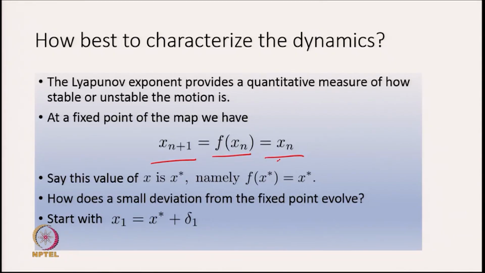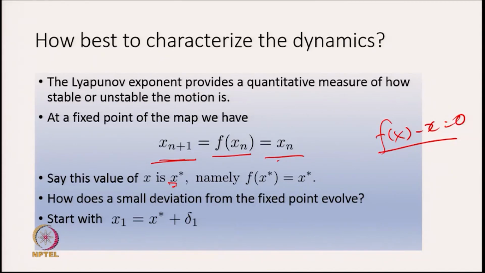So, x n gives you x n plus 1, this is a fixed point. We determine this by looking for the zeros of the equation f of x minus x is equal to 0, and that gives you a value x star.